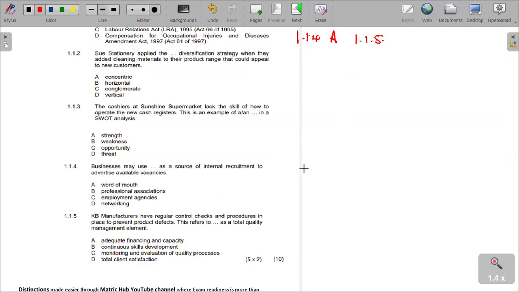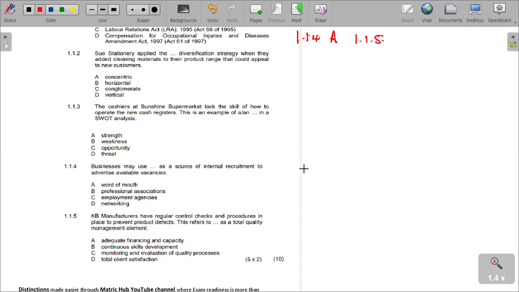Next question, 1.1.5. KB manufacturers have regular control checks and procedures in place to prevent product defects.